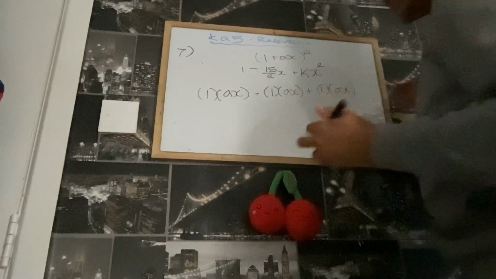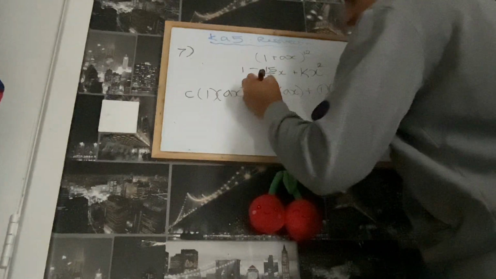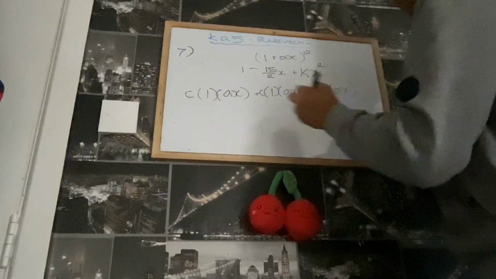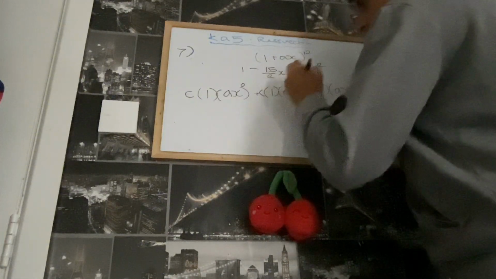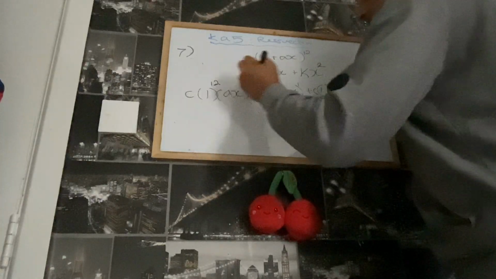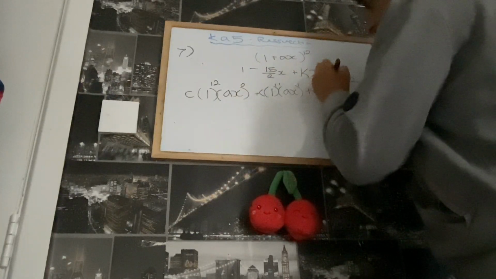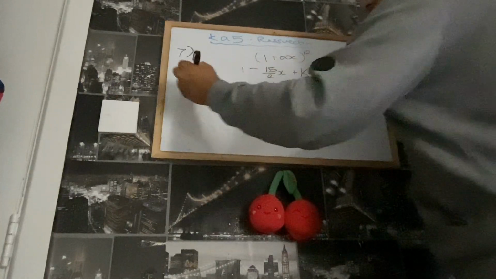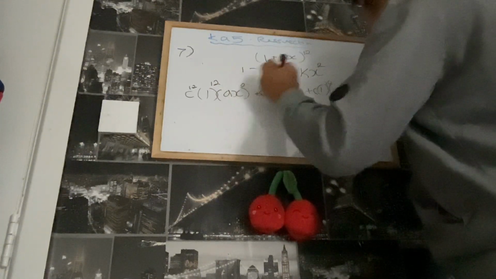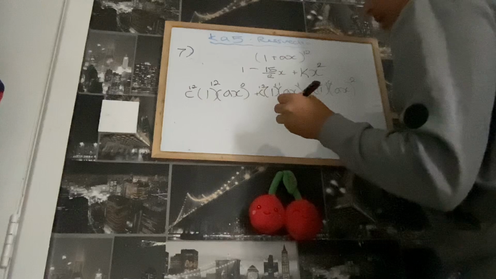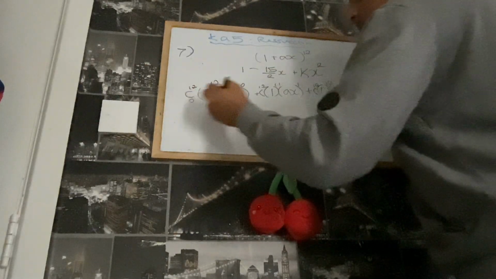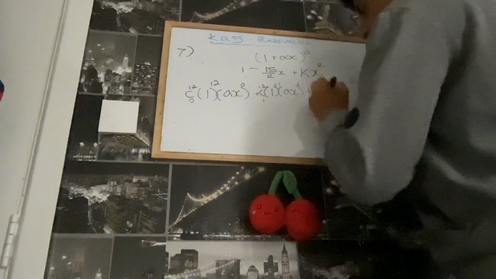This is the way I do it: put C over there, C over there, C over there, until there's a 2 over here. So this would be 0, 1, 2, and this would be 12, 11, 10. Our n would always be 12, because this is to the power of 12, and then our r would always increase: 0, 1, 2.